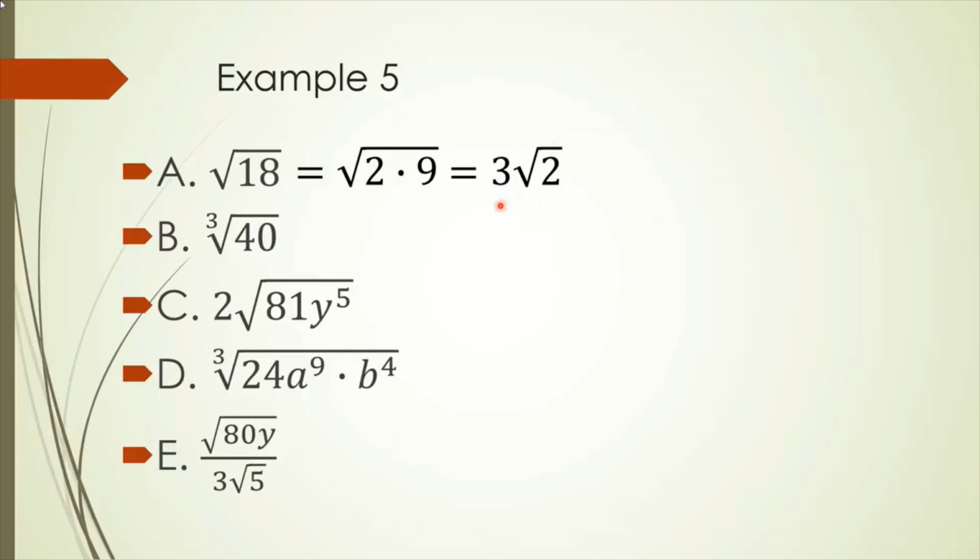Now at this point, you could do square root of 2 times 3 without the 3 being underneath the radical, but I would recommend doing it this way: the number that's outside the radical first, and then the number that's inside the radical second. So 3 square root of 2.